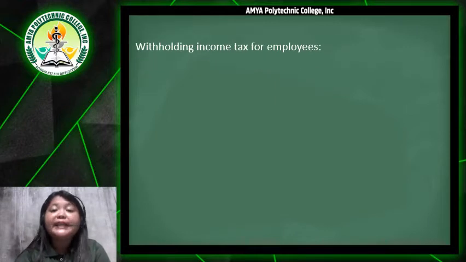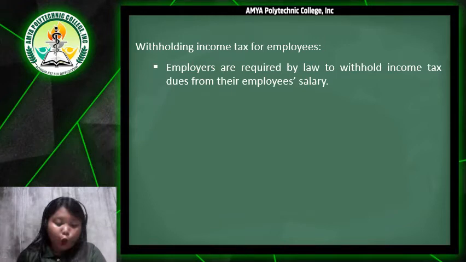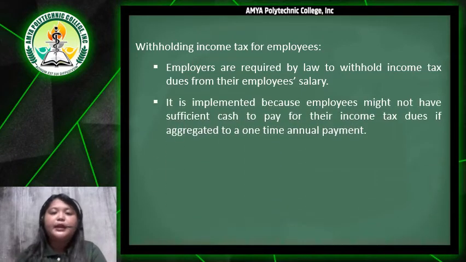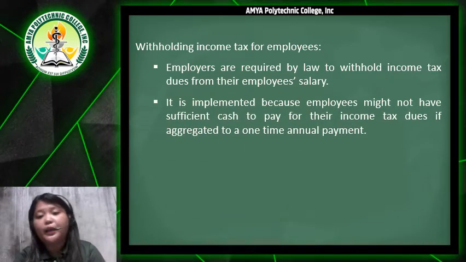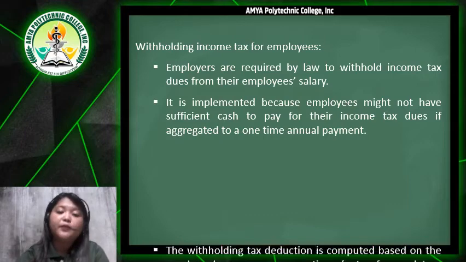So withholding income tax for employees. So employers are required by law to withhold income tax dues from their employees' salary. It is implemented because employees might not have sufficient cash to pay their income tax dues if aggregated into a one-time annual payment.